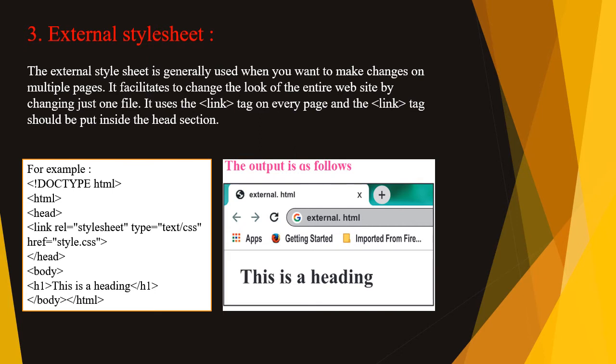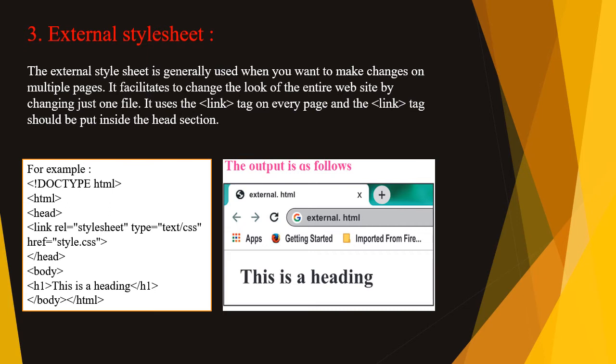Here we have to create two files. One is our regular HTML file, and the other is the linking file. That linking file will store the styles which we want to apply.